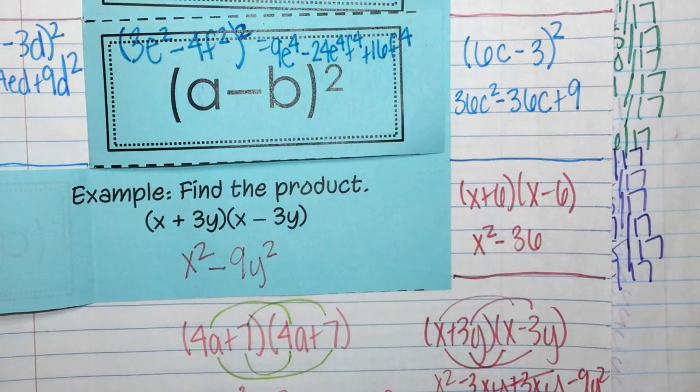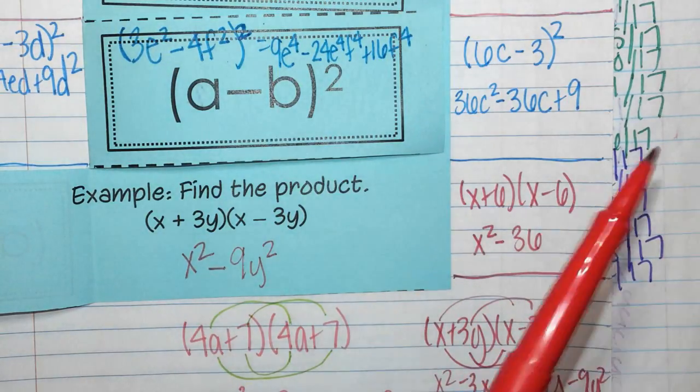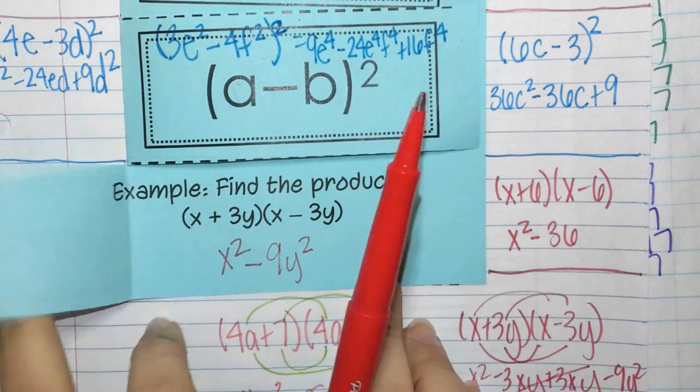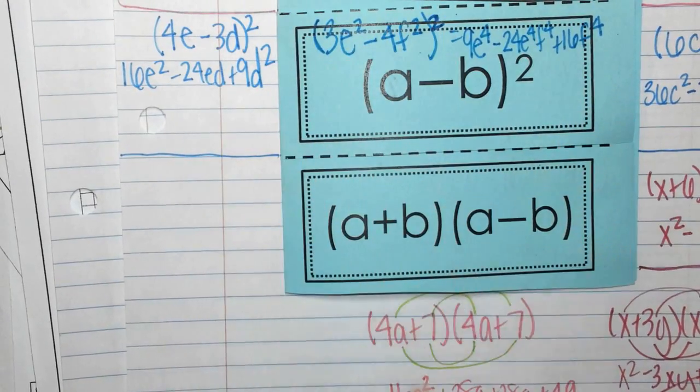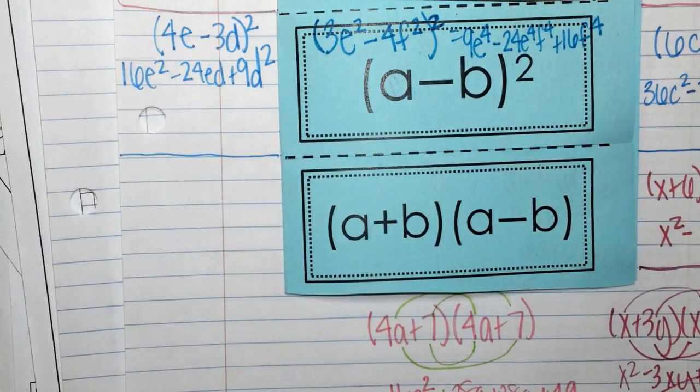That's why we're squaring. Squaring is multiplying. It's magic. I don't know how to make it any easier.